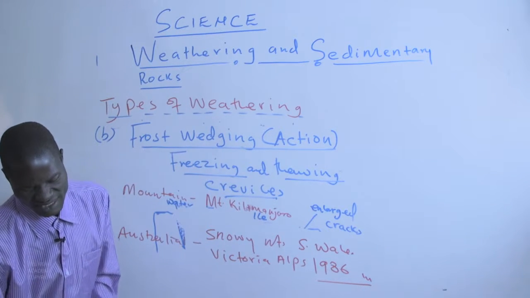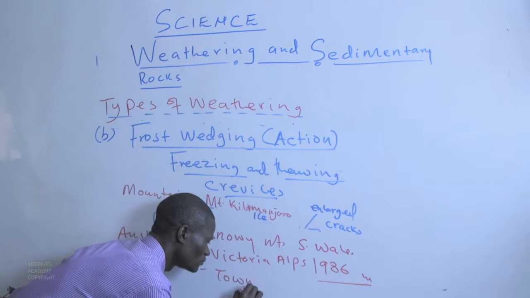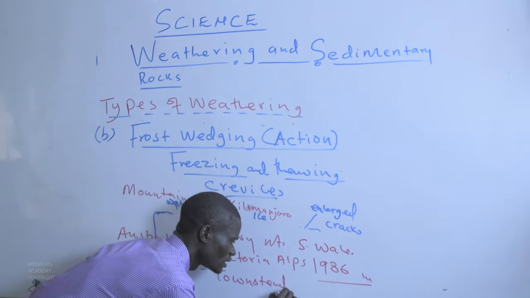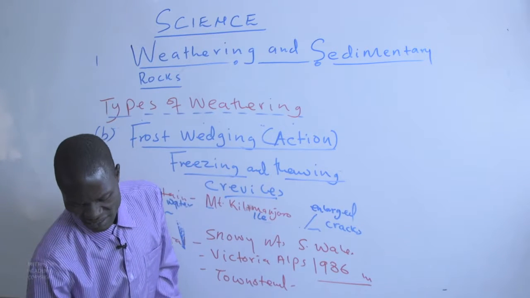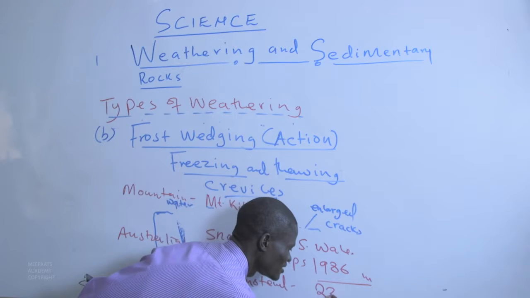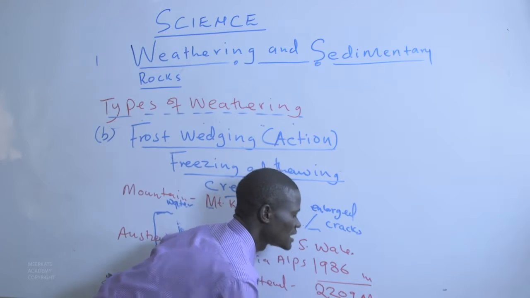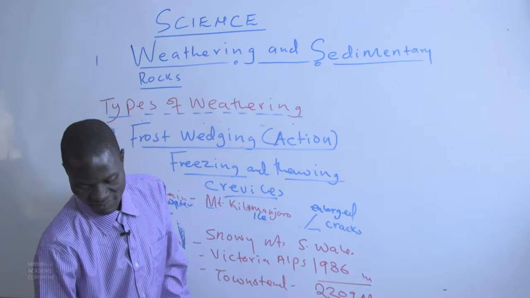And then we have the Townsend Mountain. The Townsend Mountain is found at 2,209 meters above the sea level.